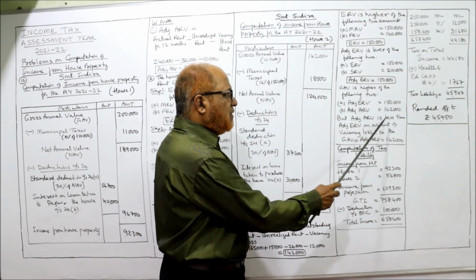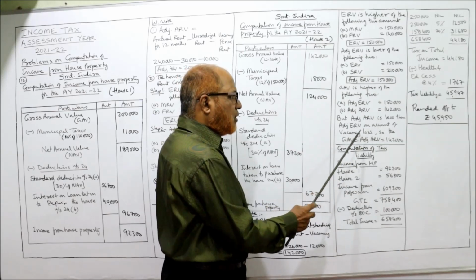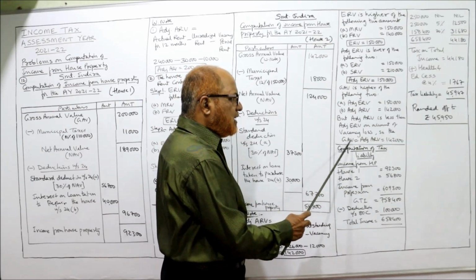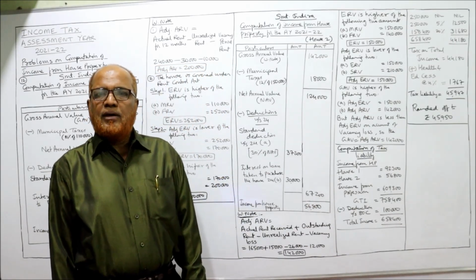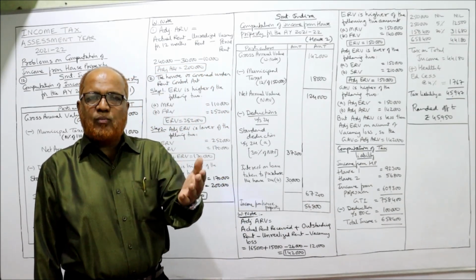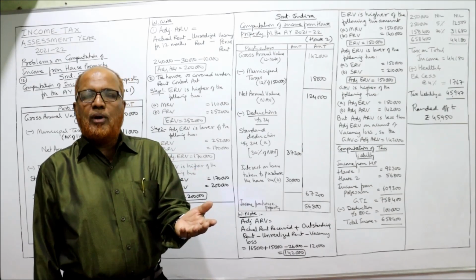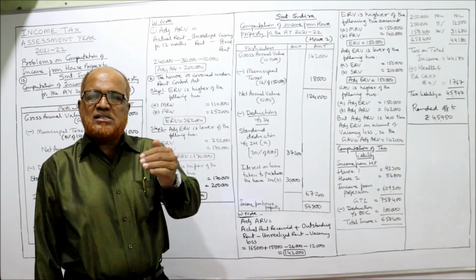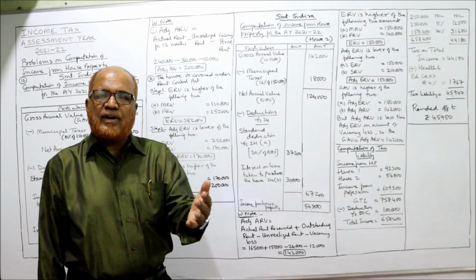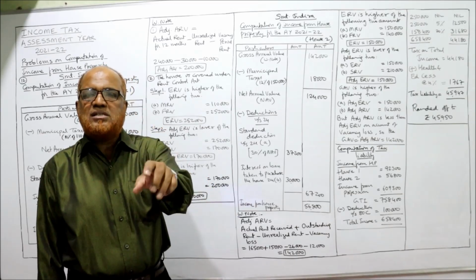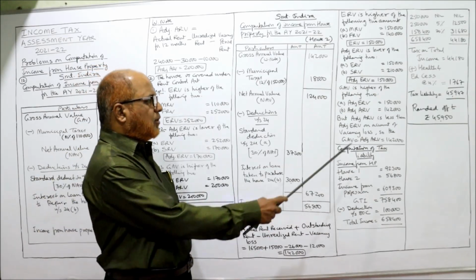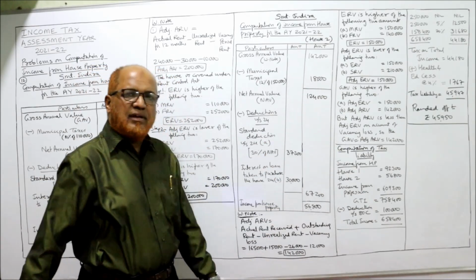But adjusted ARV is less than adjusted ERV on account of vacancy loss. So GAV is equal to adjusted ARV 1,42,000. If adjusted ARV is more, then we would have taken more. But adjusted ARV is less on account of vacancy loss, then adjusted ARV itself is the GAV. So 1,42,000 is the GAV.